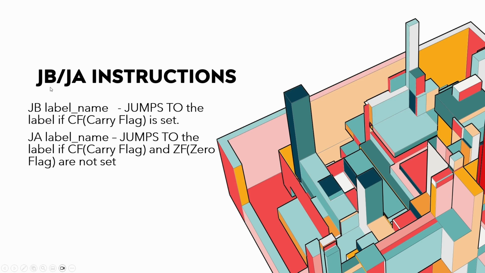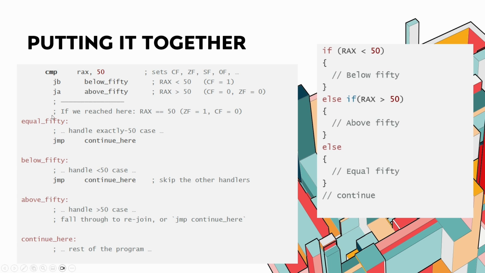So let's talk about the JB and JA instructions. JB means jump below, JA means jump above. So JB label_name, this means jump to the label if the carry flag is set, okay? JA label_name means jump to the label if the carry flag and the zero flag are not set, okay? So putting it all together in this particular case, we compare the RAX register with 50, okay?